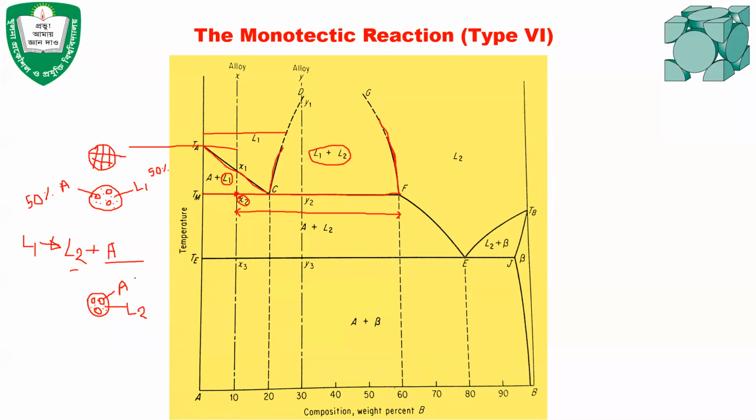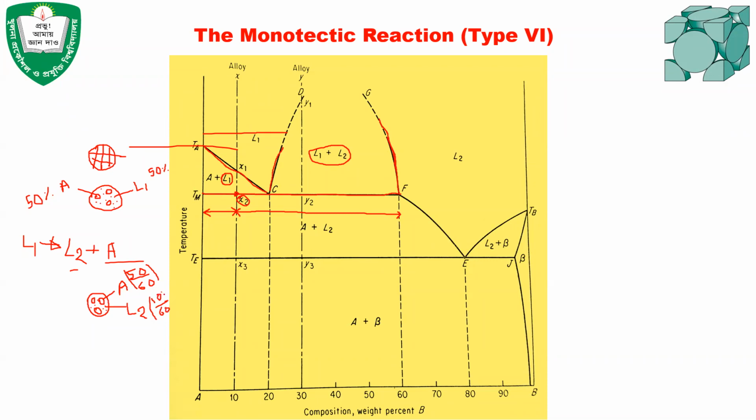The percentage of solid will be 50 divided by 60. The percentage of liquid will be given by this length, which is 10 divided by 60.